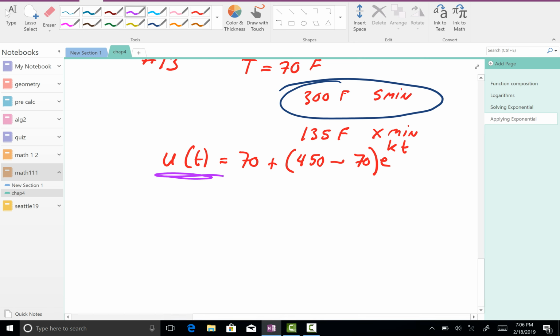Well, that is the temperature at time whenever. So we can put 300 there and then solve for T. Put 70 there, 450 here, 70 here. We got E. We don't know what K is, but we do know it took 5 minutes to get to that temperature. So we're going to put 5 for time.